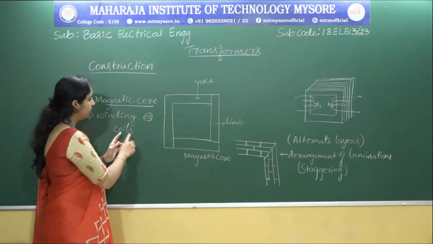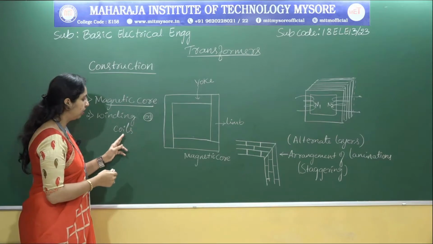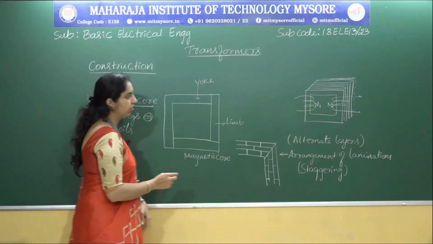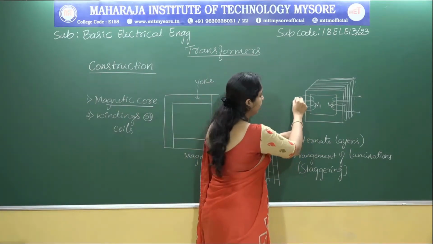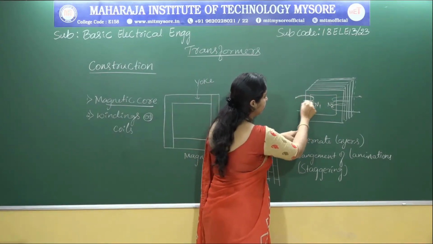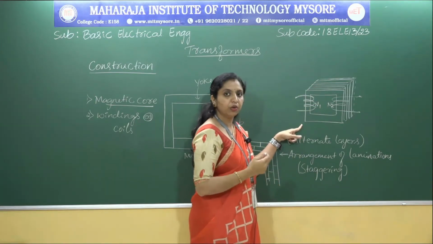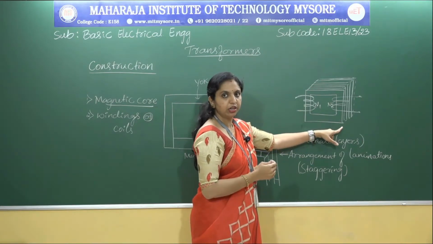And when we look at the winding, that is the second part of the transformer, windings or the coils. You can see in this particular figure, this we call coils, or we also call it windings, which are wound on the vertical portion of the magnetic core.